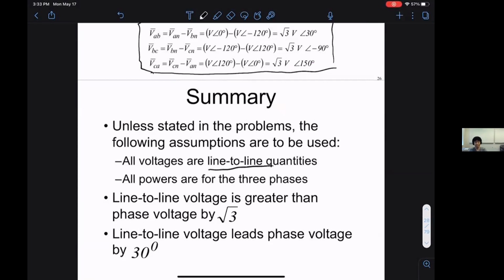So if the question does not explicitly state otherwise, the assumption is that voltages are line to line. The power is the total power carried by three phase. So why do you think the voltage is line to line? Why do we pick this convention?